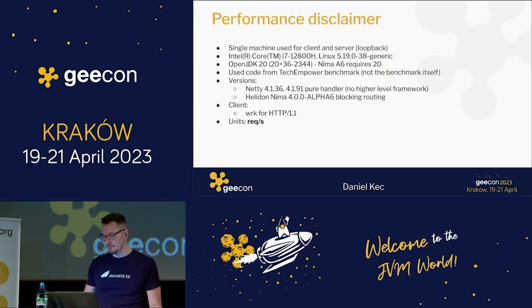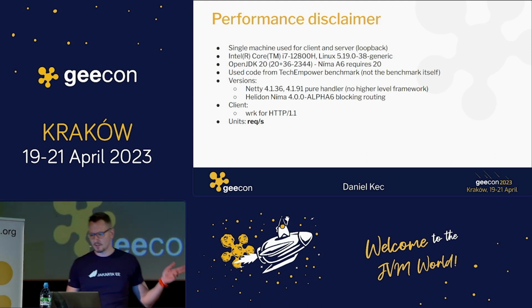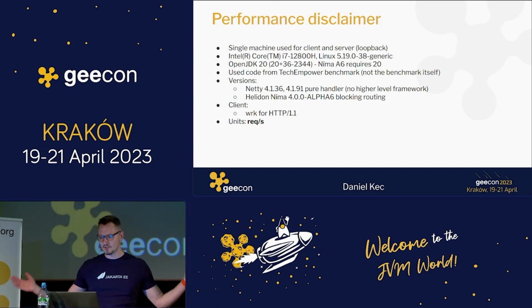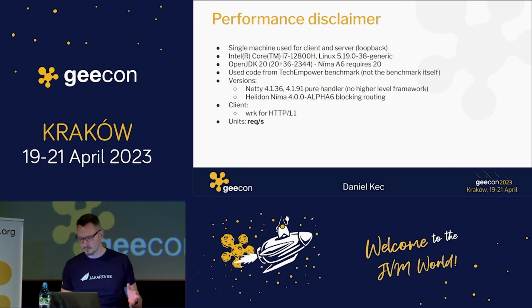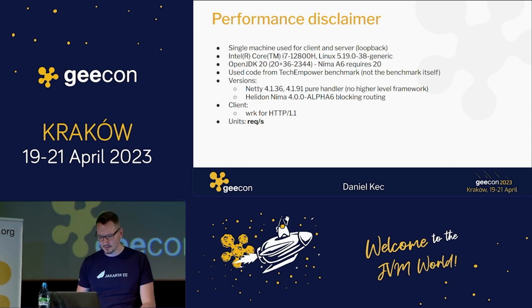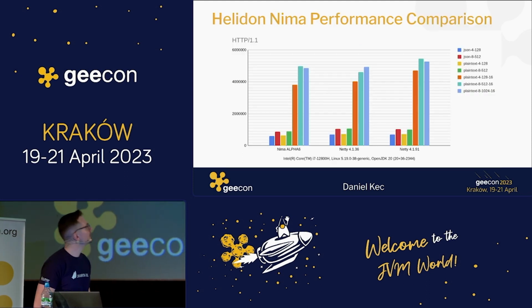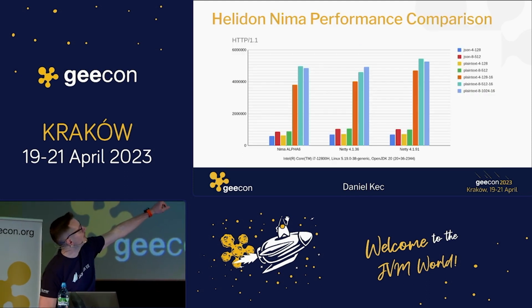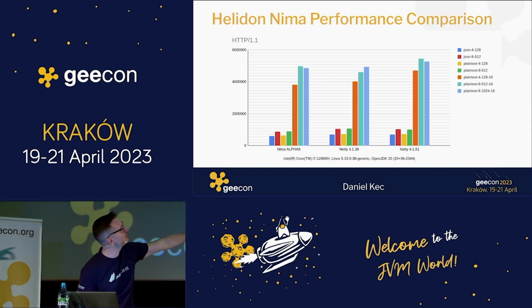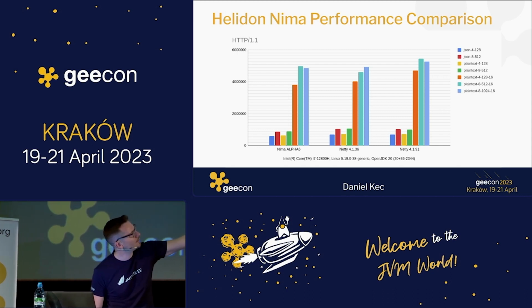Performance is measured with wrk, like in the famous TechEmpower benchmark framework. I have used just some of the tests, not all of them, because that would be super hard to show all at once. I did the comparison in requests per second. So this is Nima, the latest alpha version, and this is Netty 4.1.36, and here is 4.9.91.